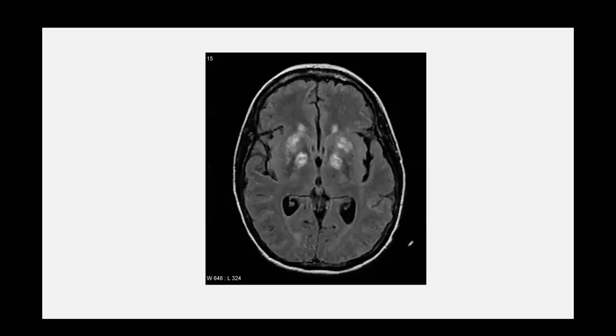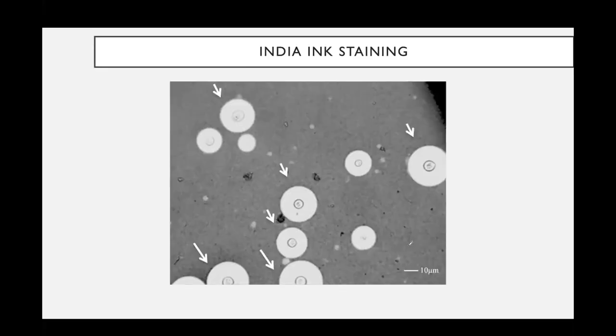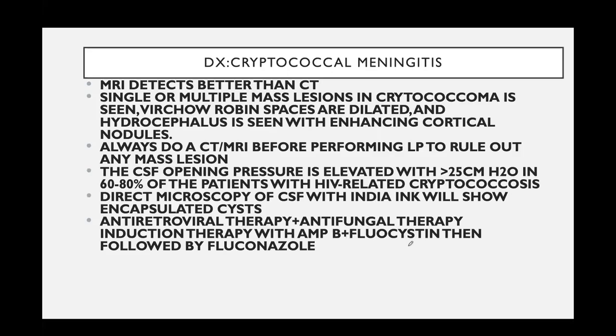Any guess? Look at the lesion carefully. This is cryptococcal meningitis. Cryptococcal meningitis is detected by MRI. There can be single or multiple mass lesions in cryptococcal infection.